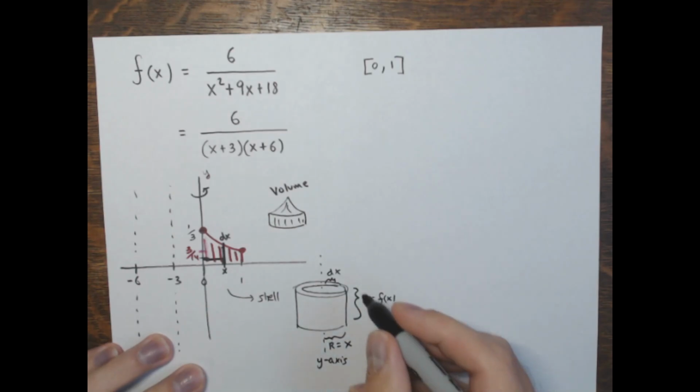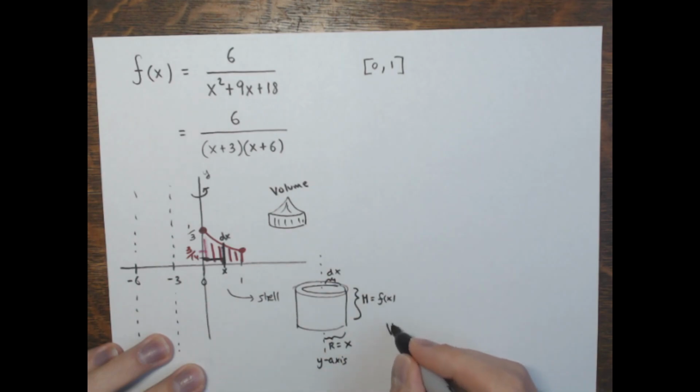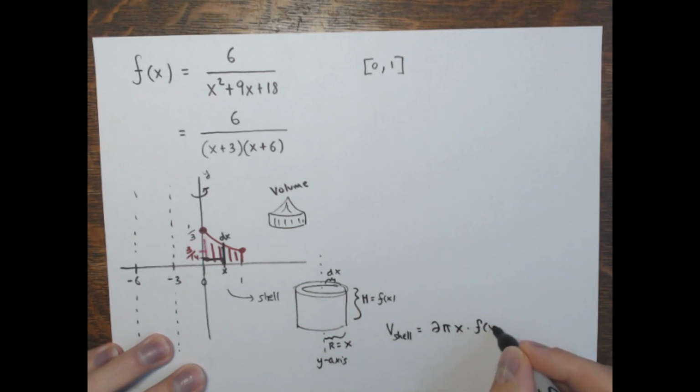And remember, the volume of a shell is the circumference of the paper times the height times the thickness. So 2 pi x times the height f of x, which I'll write up as the fraction later, and then times the thickness dx.